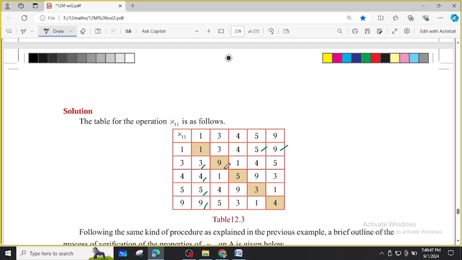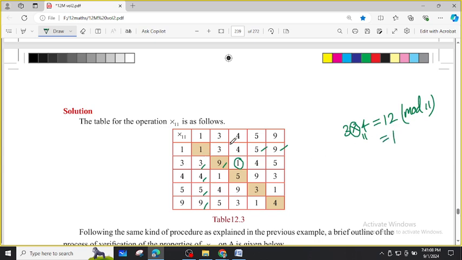Take 3 into 3, 9. 3 into 4 is 12, but you take only the remainder, so you divide 12 by 11. Modulo 11, what is your remainder? 1 is the remainder.